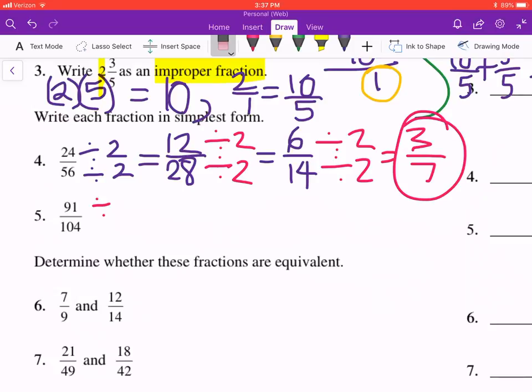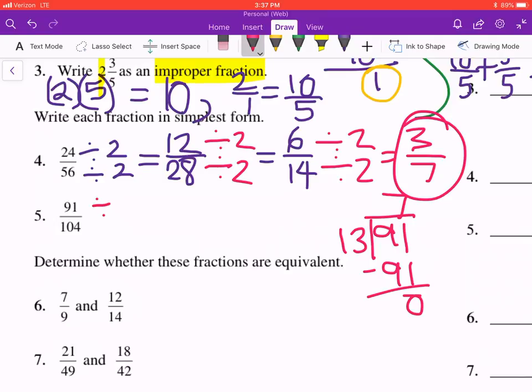We could try 13. That's why I said a weird number. And so 91 is actually divisible by 13. 7 times 3 is 21, so we have 1, we carry 2. 7 times 1 is 7 plus 2 is 9. And so that gives us a remainder of 0. So if we divide 91 by 13, we're going to get 7.